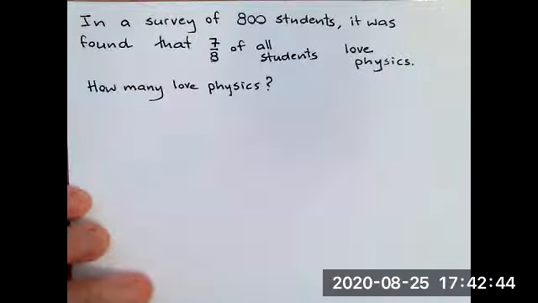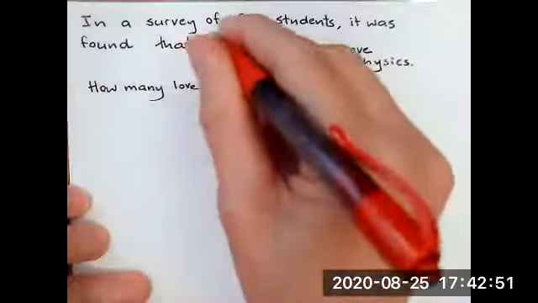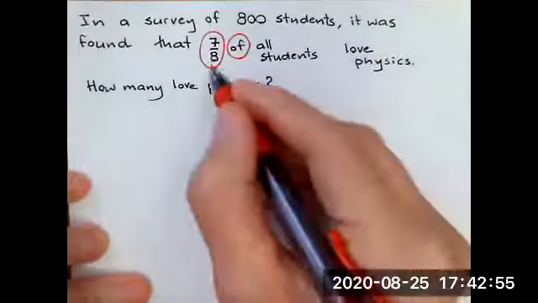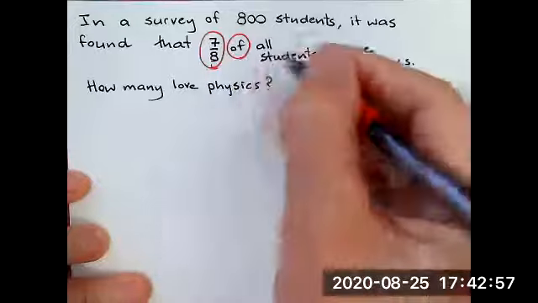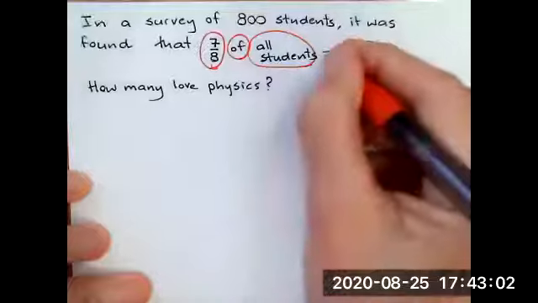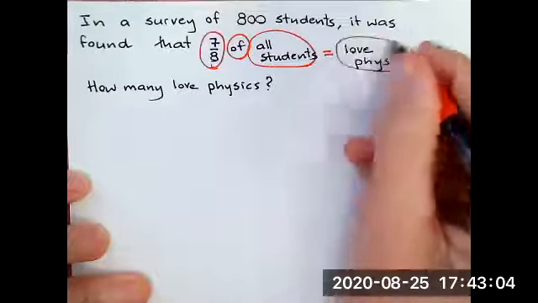Well, the part you translate is a part that has fraction of in it. And in this case, you're given the fraction. So 7/8 of all of the students are the ones that love physics.